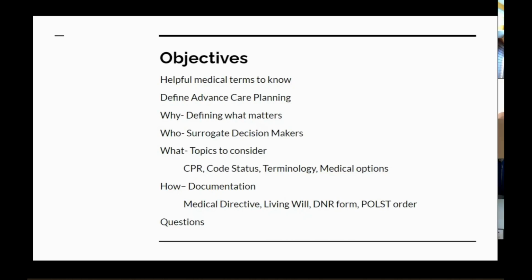I'm going to go over some medical terms that might be helpful to know. Those details you can always reference again. You can ask your doctor these details, but I'll give you some reference there. Then we're going to define what advanced care planning is, why it matters, who is involved, what do you actually need to put in these documents, and how do you document it? And then again, some time for questions at the end.